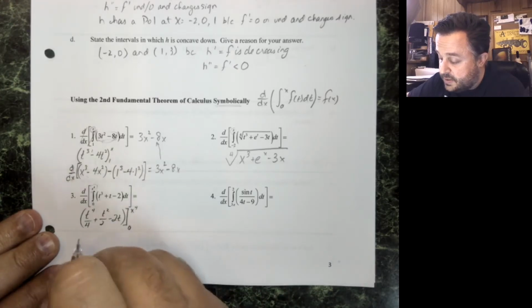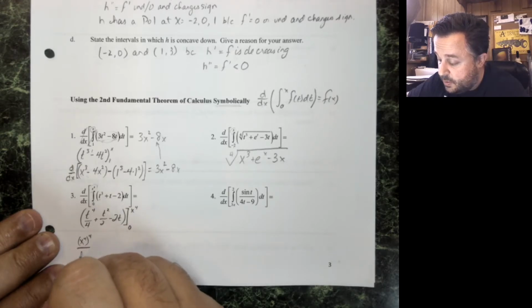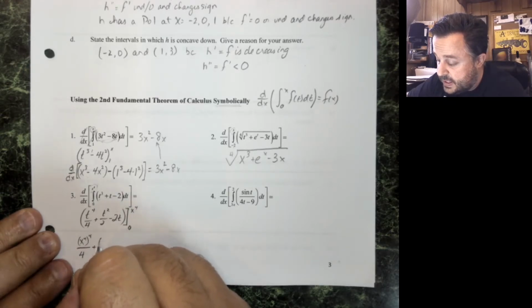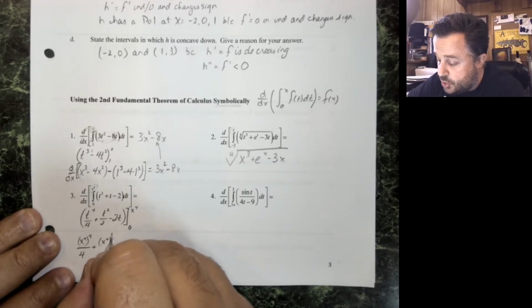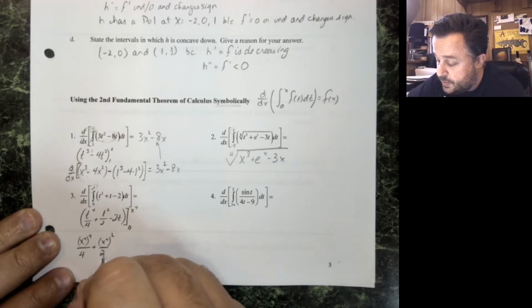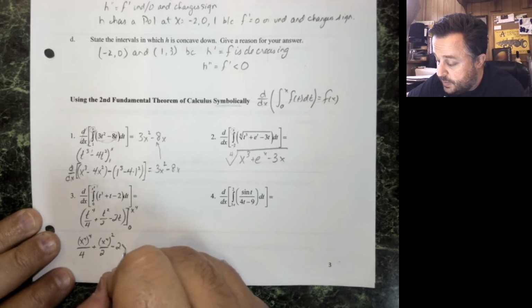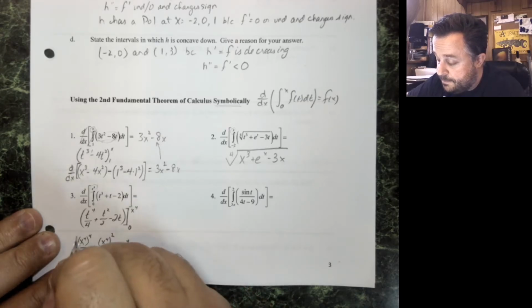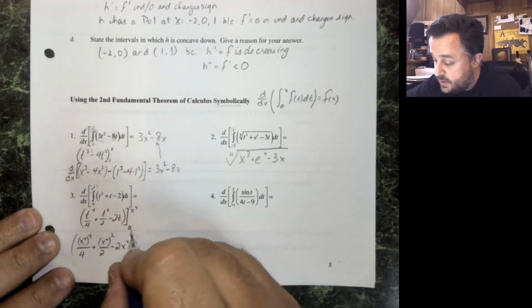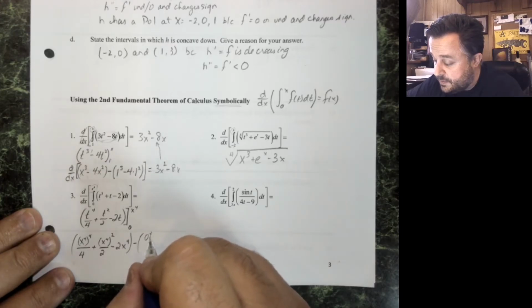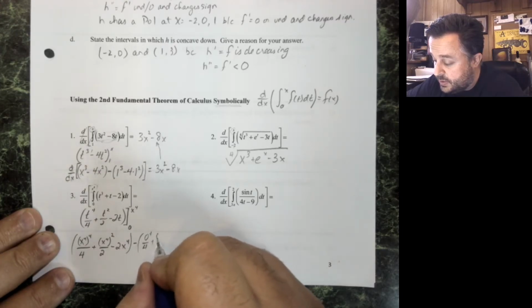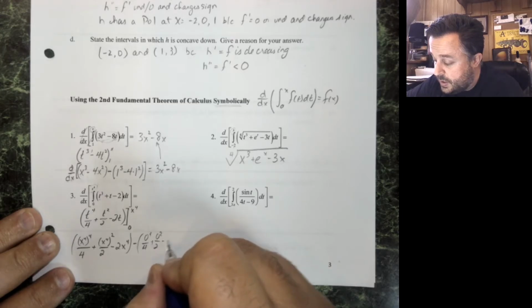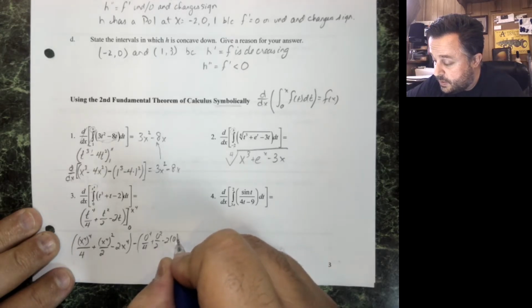So plug in x to the 4th, I get x to the 4th over 4, plus x to the 4th squared over 2, minus 2x to the 4th, minus, let's plug in 0, 0 to the 4th over 4, plus 0 squared over 2, minus 2 times 0.